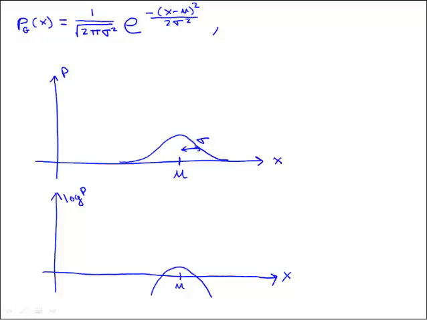That is because the log of a Gaussian distribution is equal to some constant minus (x minus mu) quantity squared all over 2 sigma squared, and that is the equation for a parabola. But for our purposes, we won't worry about the logarithmic scale. We'll just think of it as this bell curve shape.